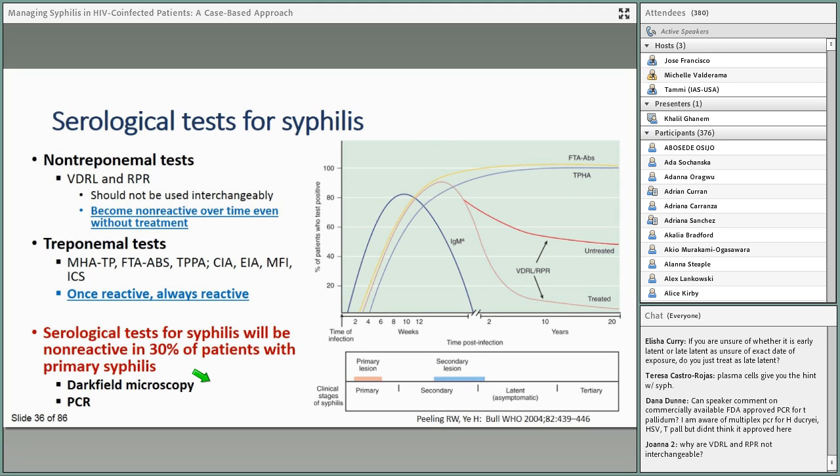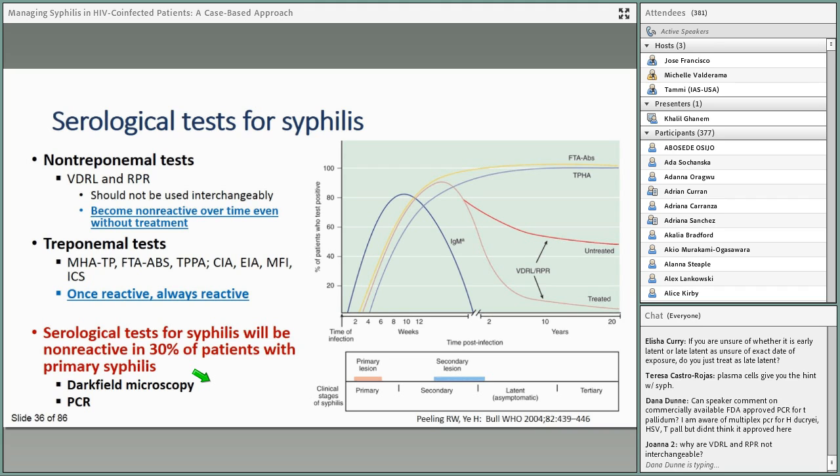So other things to remember. With the treponemal tests, once positive, always positive. So it doesn't matter if you treat the patient, those treponemal tests, once positive, will always be positive. The non-treponemal tests, they will become positive, remember, and then what will happen is, whether you treat the patient or not, these non-treponemal titers can become non-reactive over time.